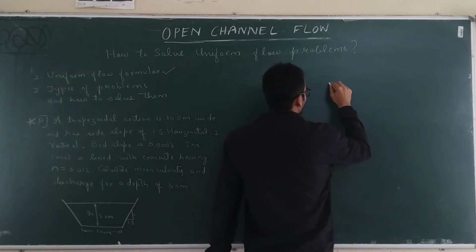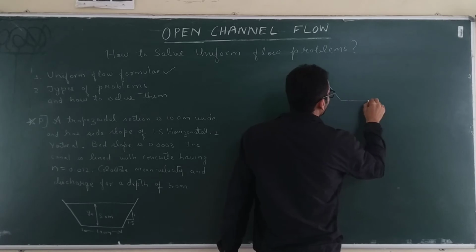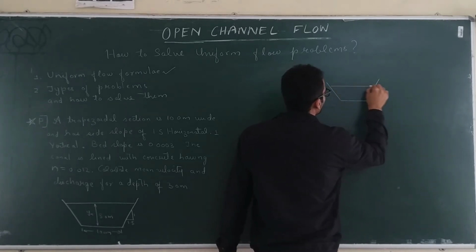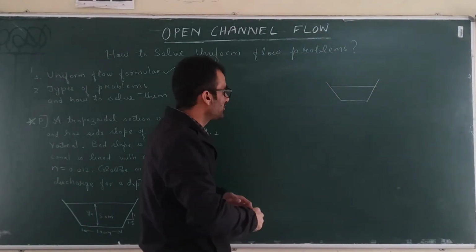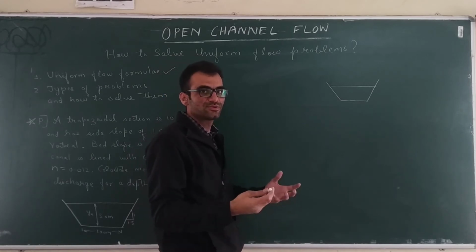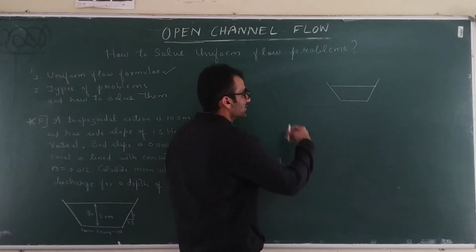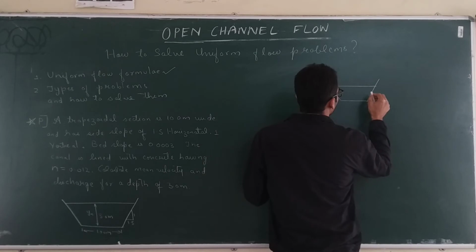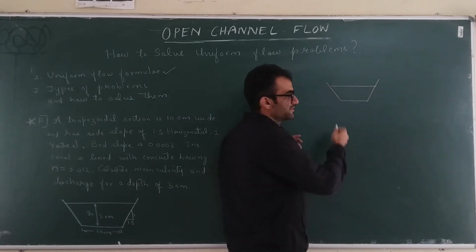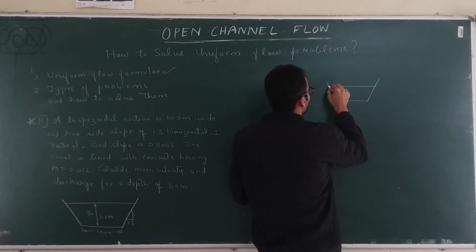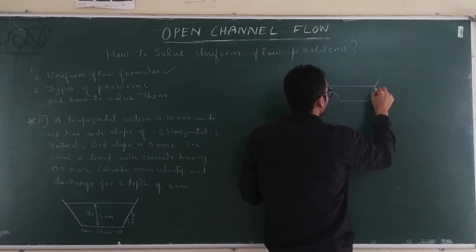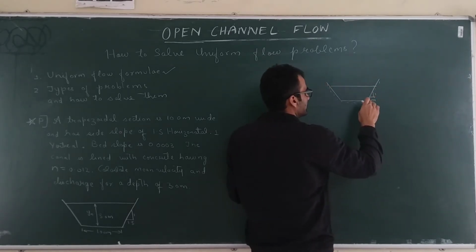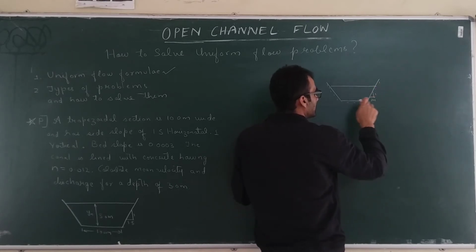Let's say in a channel, suppose a trapezoidal channel. Imagine we want to understand what type of problems you can get. Suppose you get a problem that some flow is taking place in a trapezoidal section. This is the side slope, 1 vertical to m horizontal.